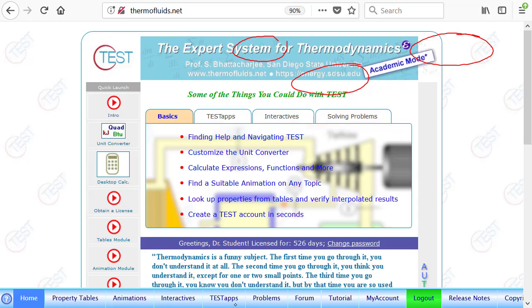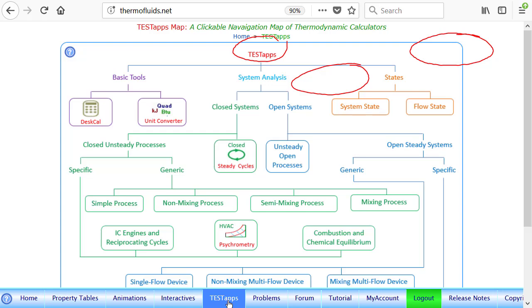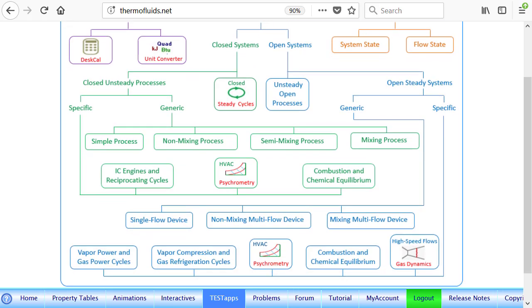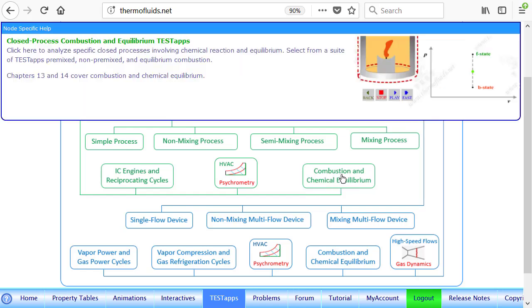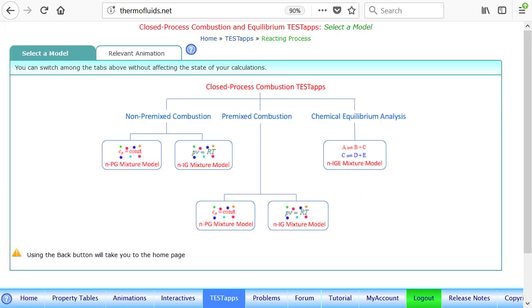So the first step for this particular problem obviously is to follow the closed systems specific branch, and combustion and chemical equilibrium is handled in this node. In this case, we have premixed combustion, and variable specific heat means the NIG mixture model.